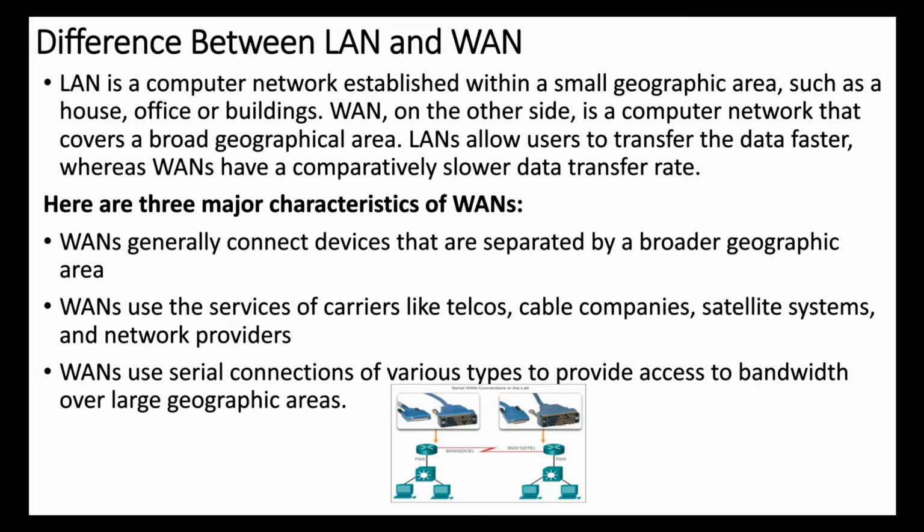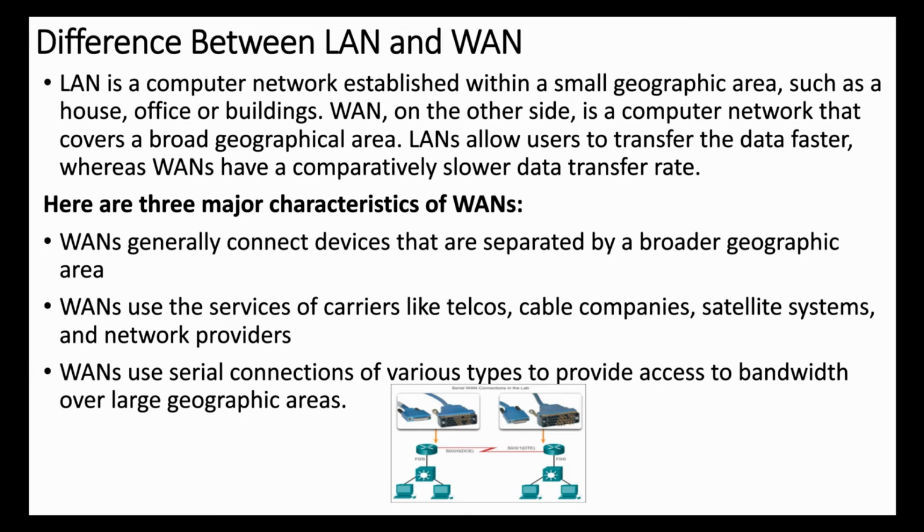Now let's understand about WAN. WAN on the other side is a computer network that covers a broad geographical area. LANs allow users to transfer data faster, whereas WAN have comparatively slow data transfer rate.